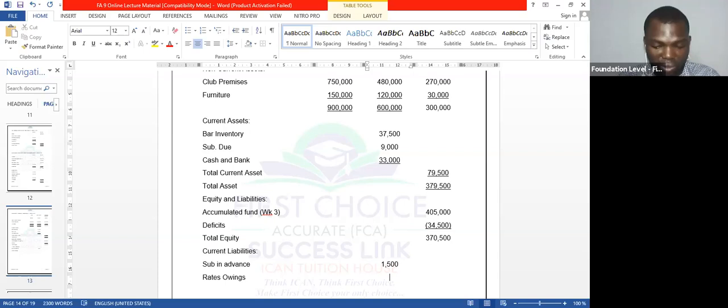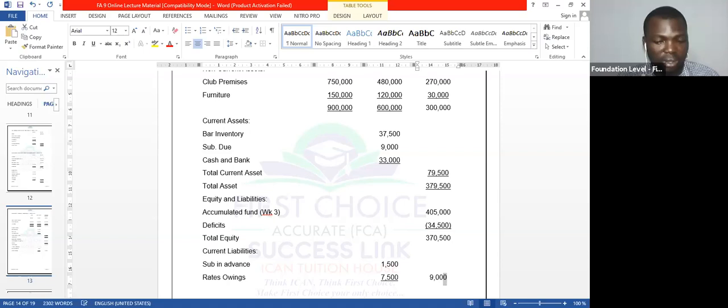So add them together, that gives us a total sum of what? That gives us a total sum of 789,000. Total current liabilities: 9,000 plus 370,500 will give us a sum of what? 379,500. So that's our balance figure.